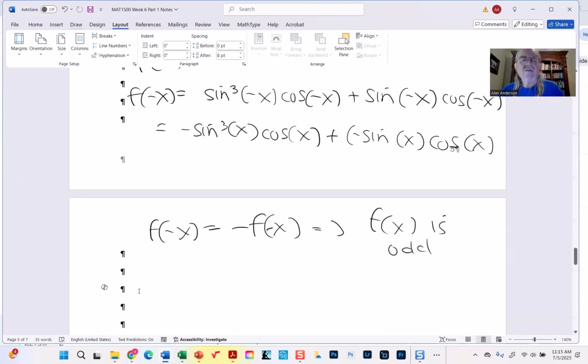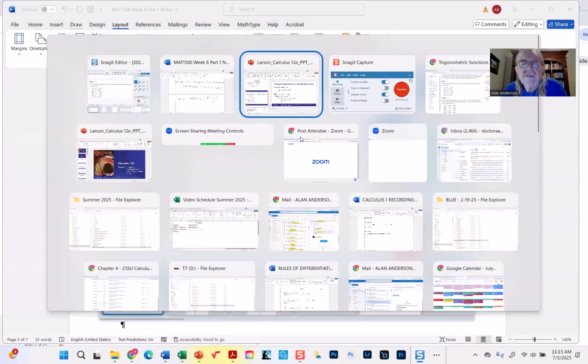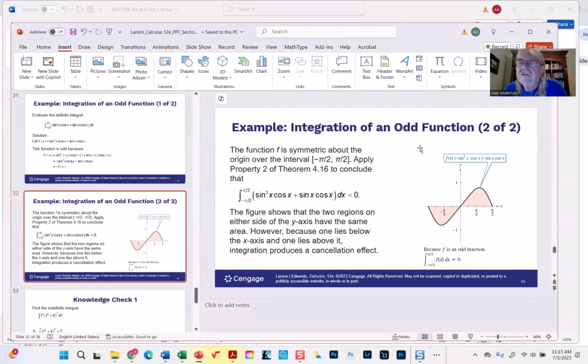Okay, now how does that help us? Because we know that it's going to have symmetry about the origin. And so that means that we integrate it over those 2 points, the two sides will exactly offset each other, and we end up with 0. Okay, but now keep in mind the limits of integration are positive negative pi over 2. Otherwise, this wouldn't have happened.